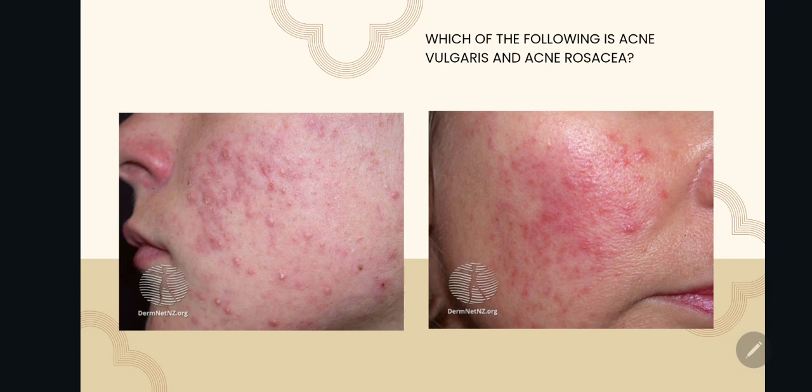It can be an open comedone, which is basically a blackhead, which is basically dilated keratin-filled follicles, which appear as black papules due to the keratin debris. And there are sometimes closed comedones, which are whiteheads.